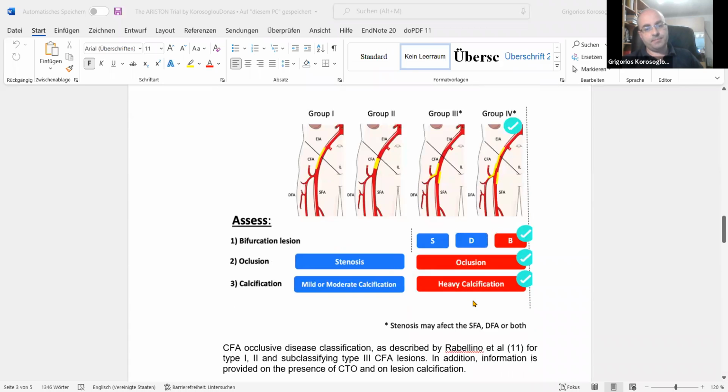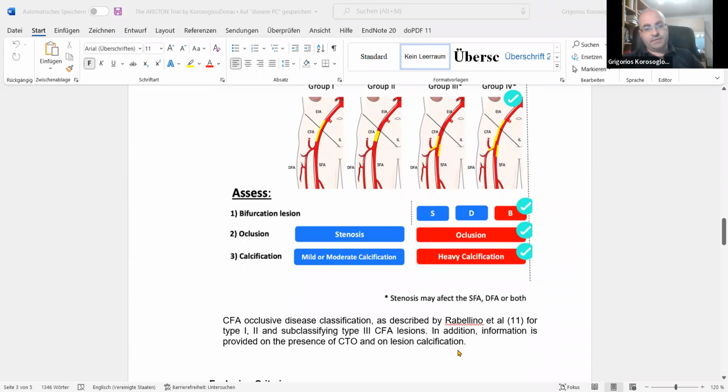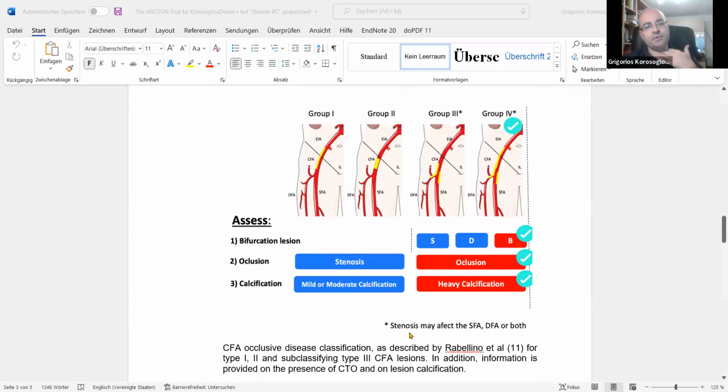And here is the proposed scheme by Rabellino et al. You see this is actually in conjunction with the earlier classifications for CFA disease, which has also been influenced by the Azema classification, but we think that the advantage of this classification by Rabellino is the fact that it goes by anatomy, so it differentiates between the common femoral and the bifurcation.